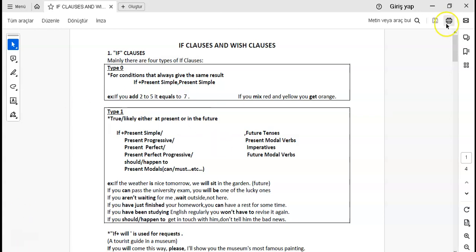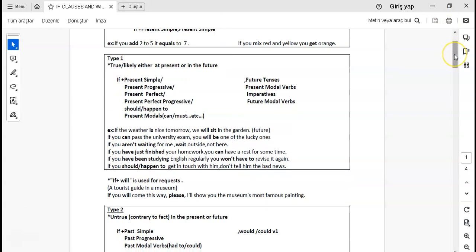What about type 1? Type 1 means that something is true or something is likely, possible or probable, either at present or in the future. And so, here we have a wide variety of tenses that we can use with the if clauses and the main clause as well. We can use all the present forms like the present simple, present progressive, present perfect progressive, should or happen to, or any kind of present modals like must, mustn't, can, can't, should, shouldn't, etc. In the main clause, we can use any kind of future tense.